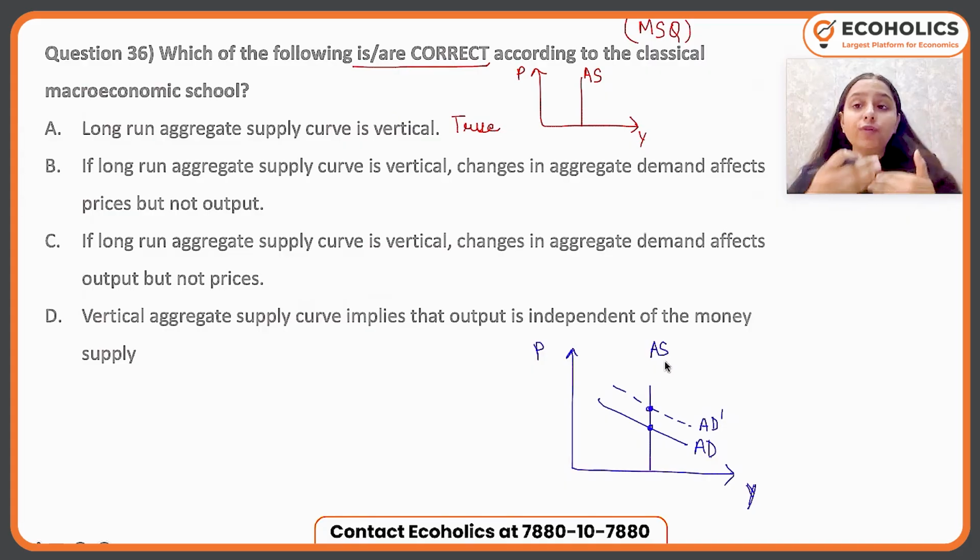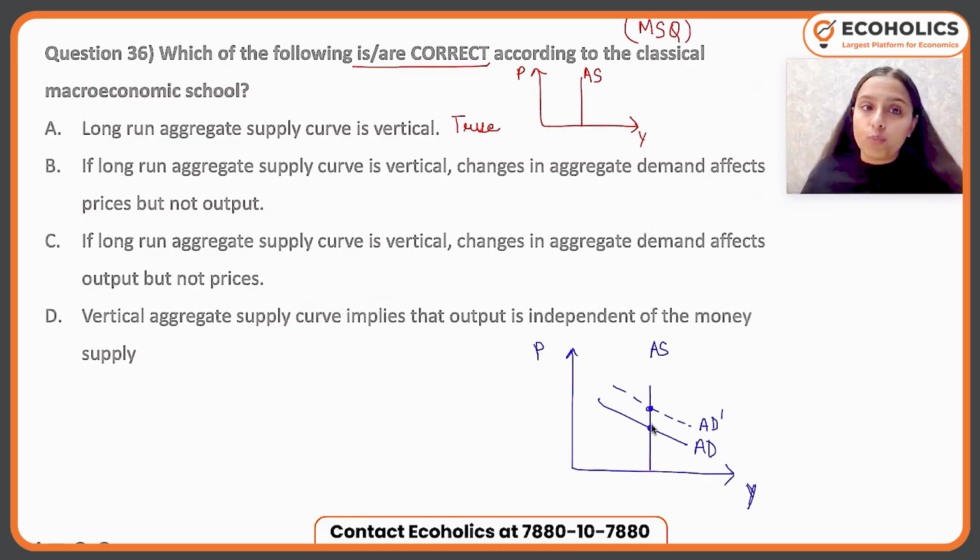Whenever demand rises, it only puts inflationary pressure and raises the price, because there are no resources to cater to that additional demand. So only prices will rise and not the output. This statement is also true.